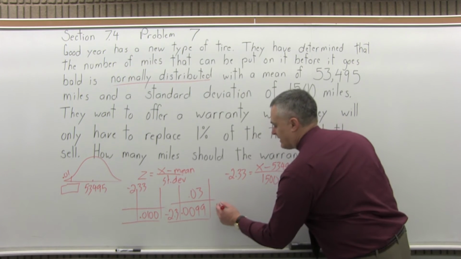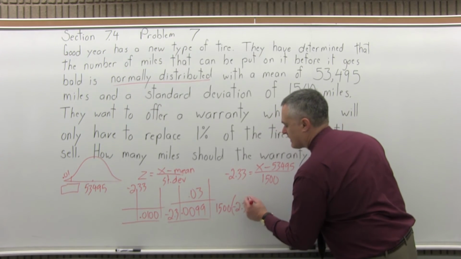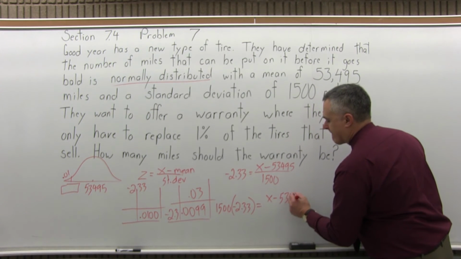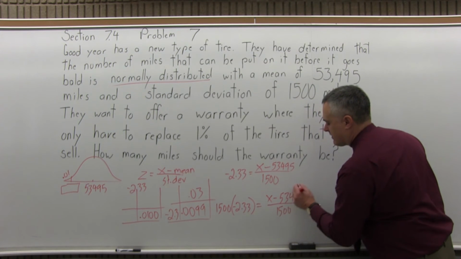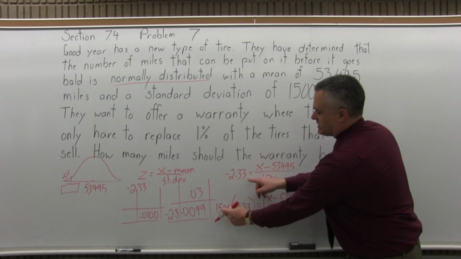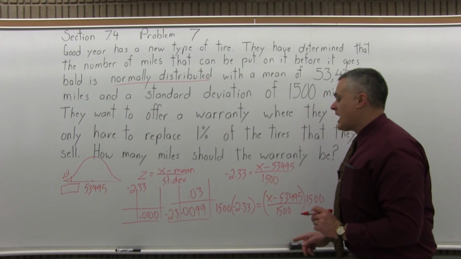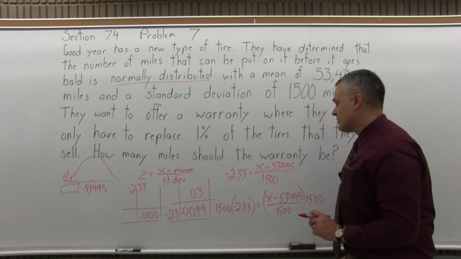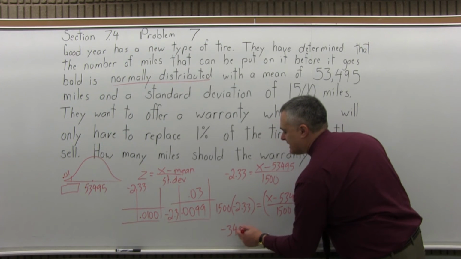I'm going to do the left side of the equation times 1,500, equal to the right side of the equation over 1,500 times 1,500. On the left side, 1,500 times negative 2.33 will be negative 3,495.